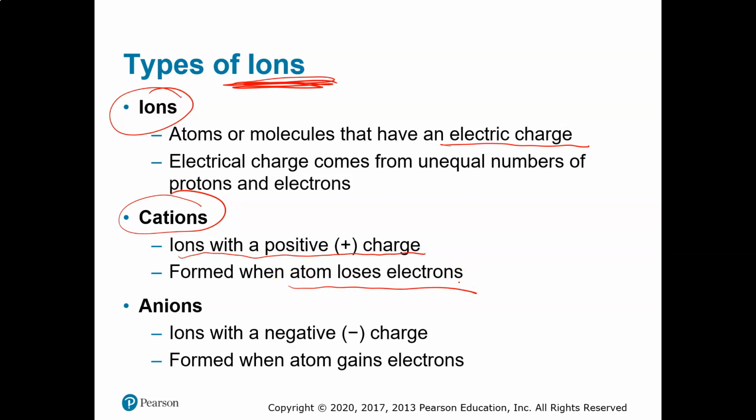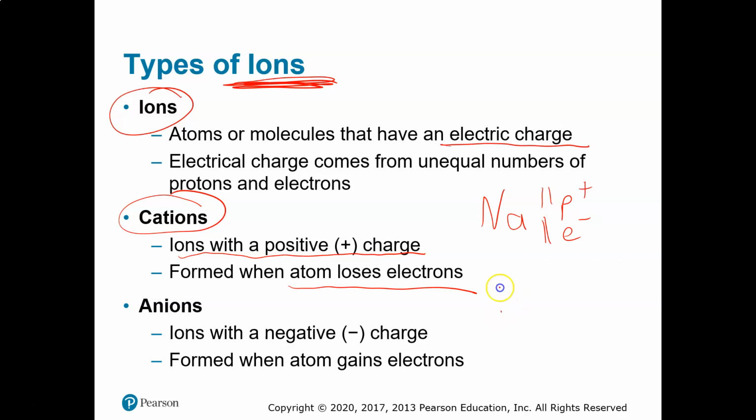For example, I'll give you an example, sodium. The sodium atom has 11 protons, 11 positive charges, and 11 electrons, 11 negative charges. Sodium tends to lose one electron, giving it 10 electrons, in order to become stable.